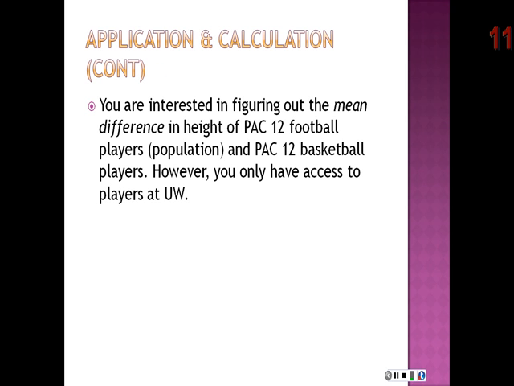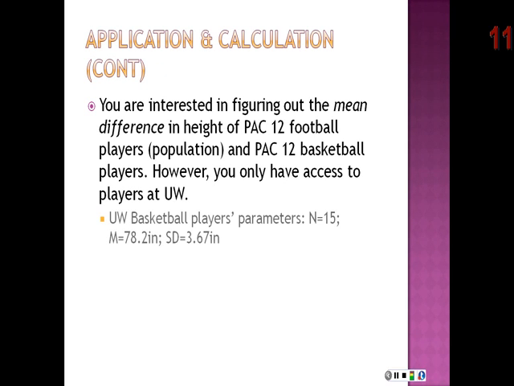So let's continue this. There's sort of an additional application here. Say you're interested in figuring out the mean difference in height of Pac-12 football players and Pac-12 basketball players. However, you only have players at the University of Washington. So we get the parameters for the basketball players at UW, and again it's the same as before.